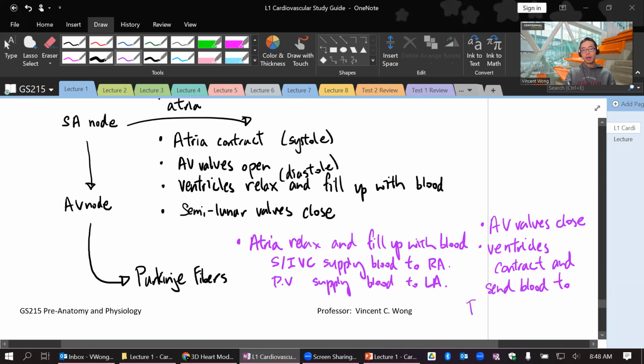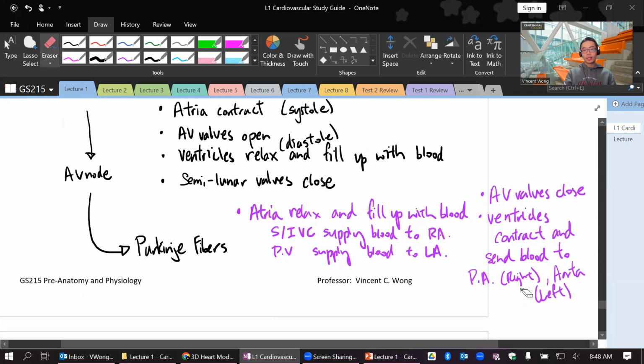To the pulmonary artery on the right side and to the aorta on the left side. And of course, doing that, we have to make sure that the semilunar valves open. So basically it's the backwards of what's happening in the first phase.